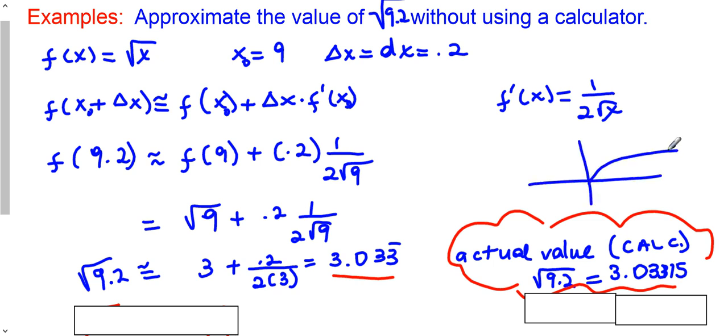So if this is your function, and maybe you do the tangent line right there, the further away you go from that point and using the tangent line to get the y value, you see that it's getting further and further away from the actual function. But if you move just a tiny little bit away from 9, to 0.2 away, then this is a very good approximation as our comparison shows.